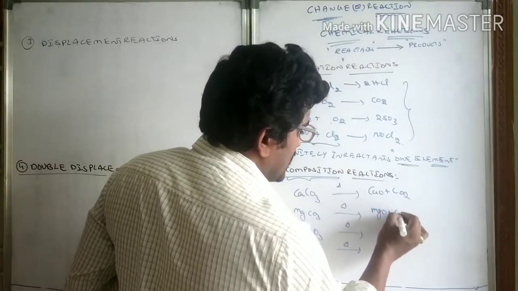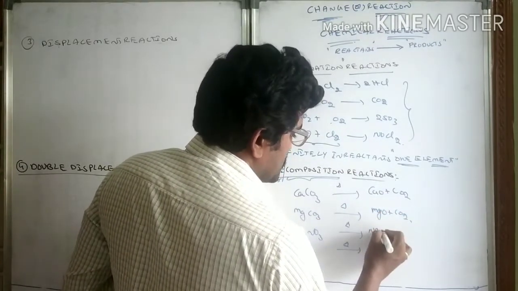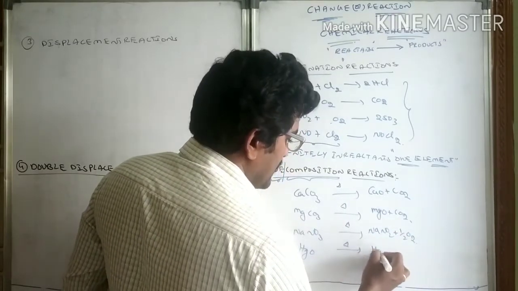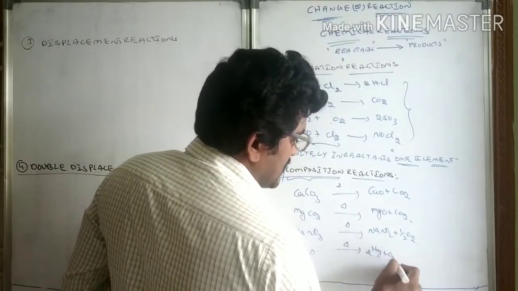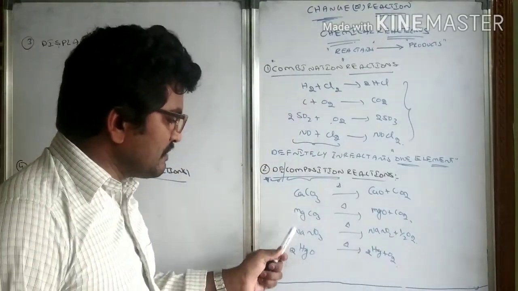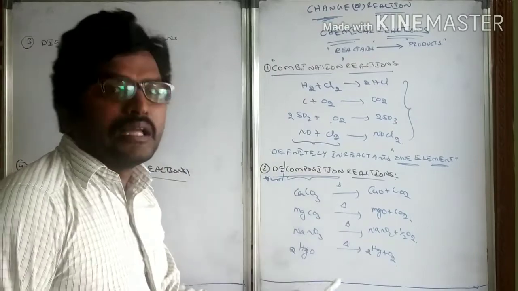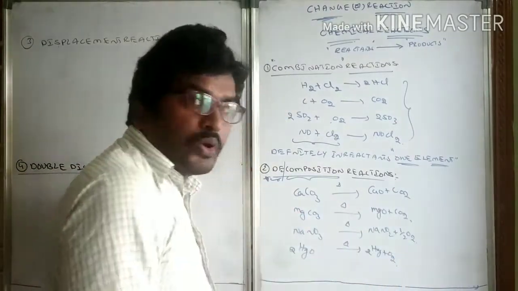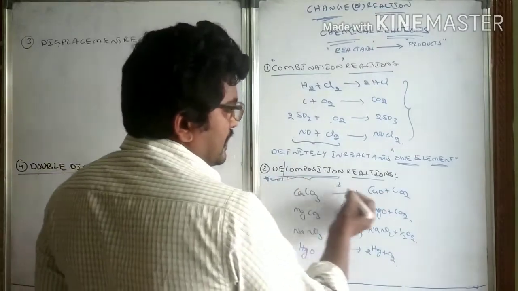Those reactions are known as decomposition reactions. NaNO2 plus O2 will come, 2Hg plus O2 will come. Like this, whenever a compound is subjected to a temperature change, it breaks into 2 or more compounds. They are known as decomposition.